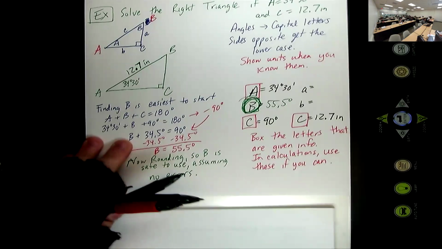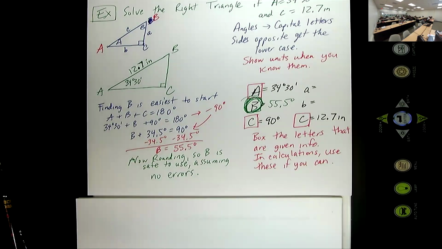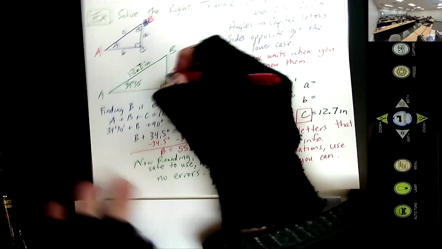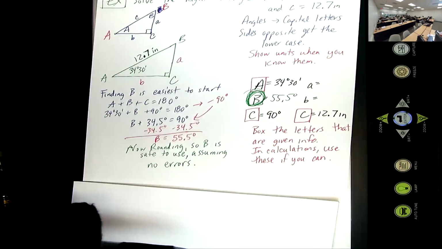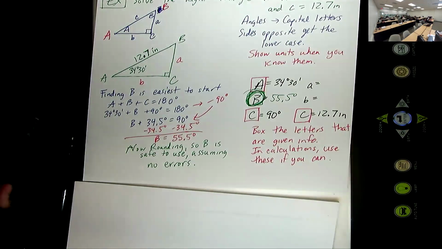So now we have to find little a and little b, which is here and here. I have a question, so how do you come out with 180 degrees? A triangle adds up to 180 degrees, that's just a fact. That's a given, it's good as gold.